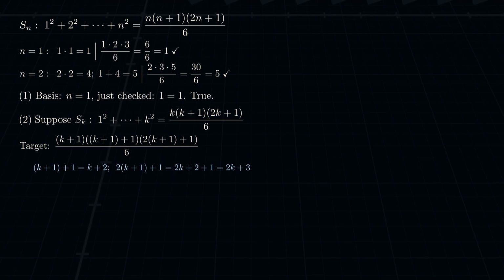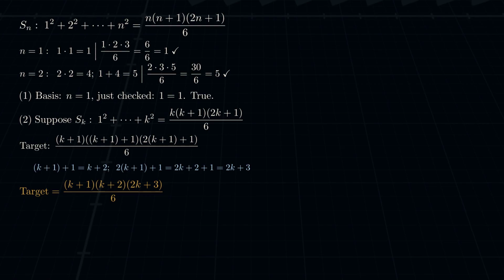(k plus 1) plus 1 is k plus 2. 2 times (k plus 1) is 2k plus 2, plus 1 is 2k plus 3. So the target is (k plus 1) times (k plus 2) times (2k plus 3) over 6. Now work.